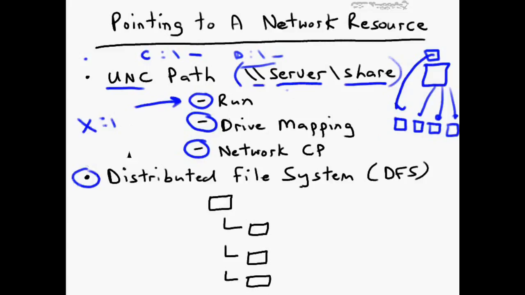Second point that Microsoft wants you to know about connecting to a network resource is that distributed file system exists, DFS. Now, the mechanics of actually deploying DFS is a server-side subject that's reserved for our Windows Server 2008 CBT Nuggets courses. Here we're looking at the client perspective, or the user's perspective, of DFS.